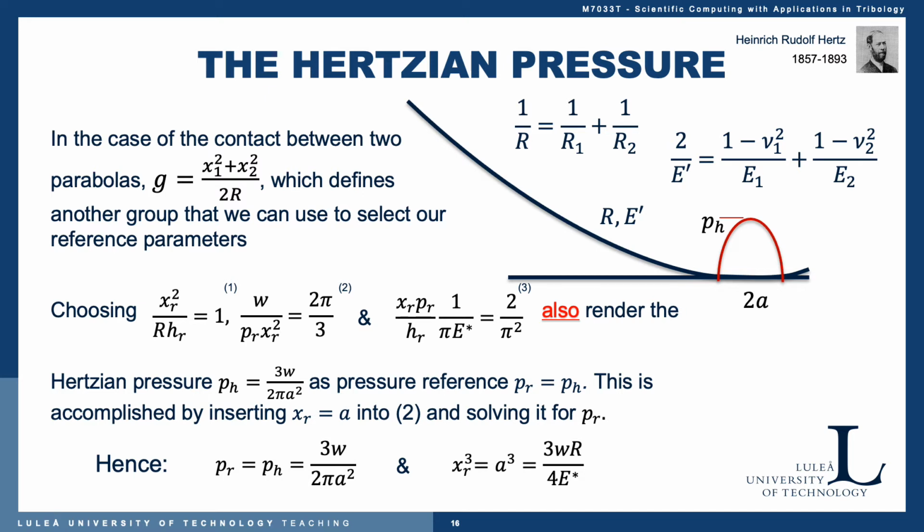So now we have obtained the Hertzian pressure as a reference parameter for the pressure and the Hertzian radius as a reference parameter for the contact length or size.